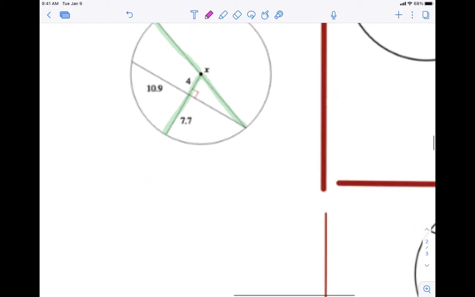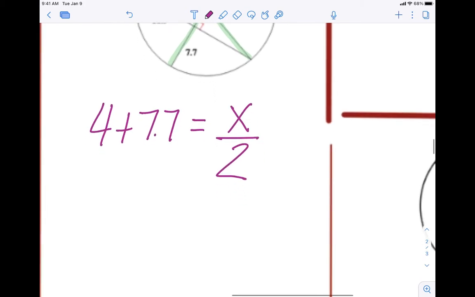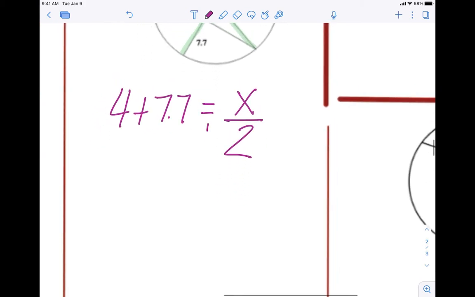So that means that 4 plus 7.7 is equal to half of x. Well, half of x is x divided by 2. Right? We take something and divide it by 2, we divide it in half. So 4 plus 7.7, right?